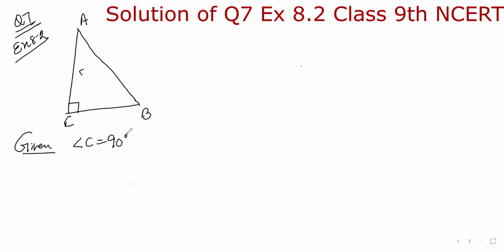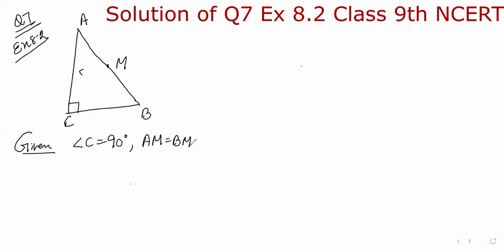Right? A line through the midpoint M of hypotenuse AB. That means M is the midpoint, so AM is equal to BM. Midpoint means exactly at the center of the line. AM is equal to BM.